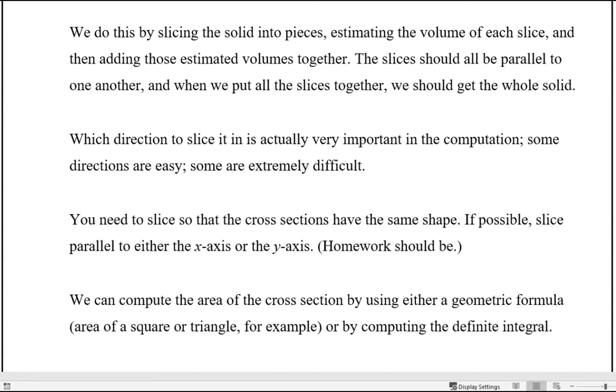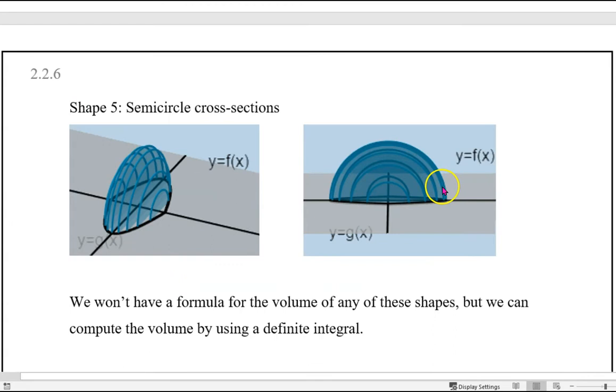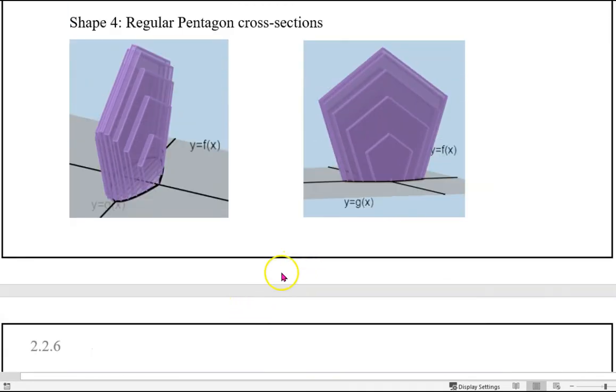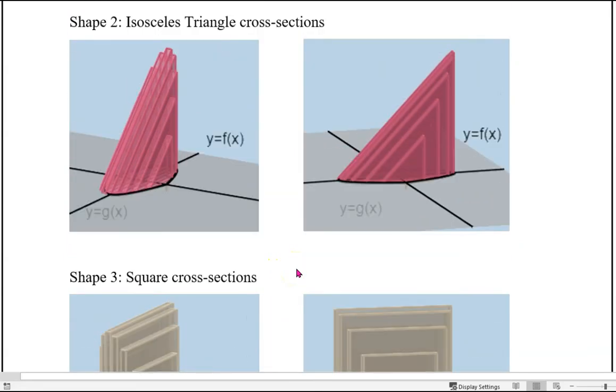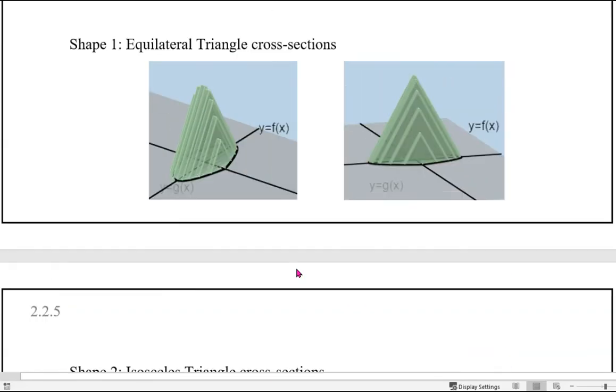Now, which direction to slice it in is actually very important in the computation. Some directions are easy, and some are extremely difficult or even impossible. You need to slice it so that the cross sections all have the same shape. By that, I mean, looking at the picture, all the cross sections are semicircles, or all pentagons, or all squares, or they're all isosceles right triangles, or they're all equilateral triangles.